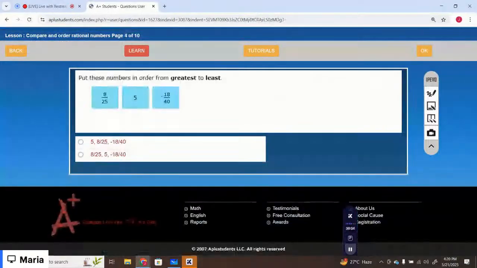Put these numbers in order from greatest to least. Which is the correct option?